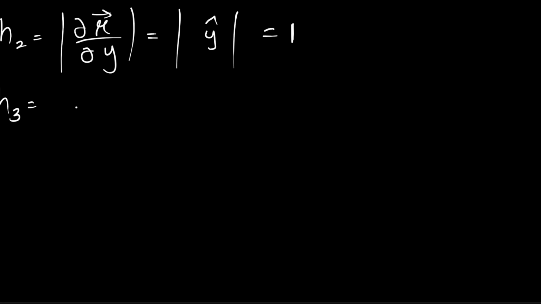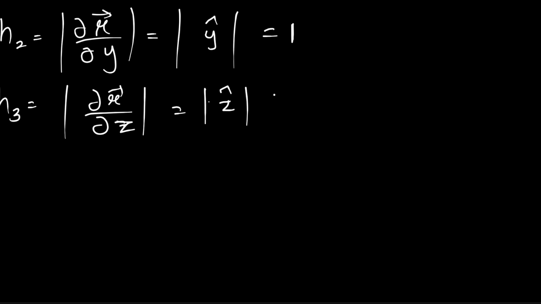And for h3, differentiating with respect to z, you get the unit vector z and 1. I hope you are getting the things. I am taking the magnitude of the unit vector because it is already a unit vector, so you get 1 only.